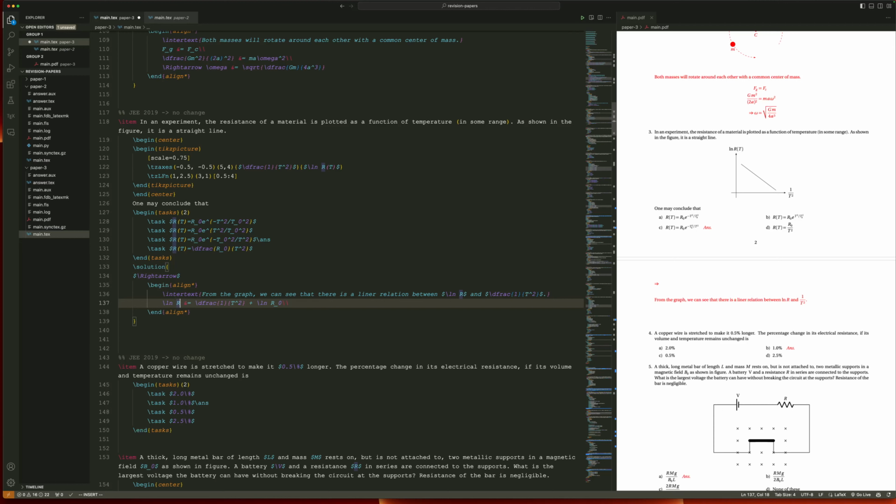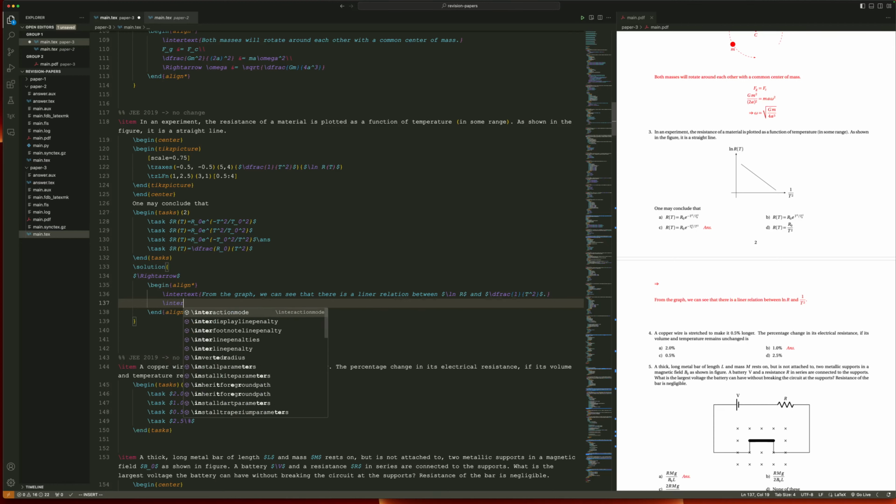Let's say R naught is the resistance at zero temperature. So it's using y equals mx plus c. I think we can do much better. Let's use a few more lines, then it will get pretty easy.